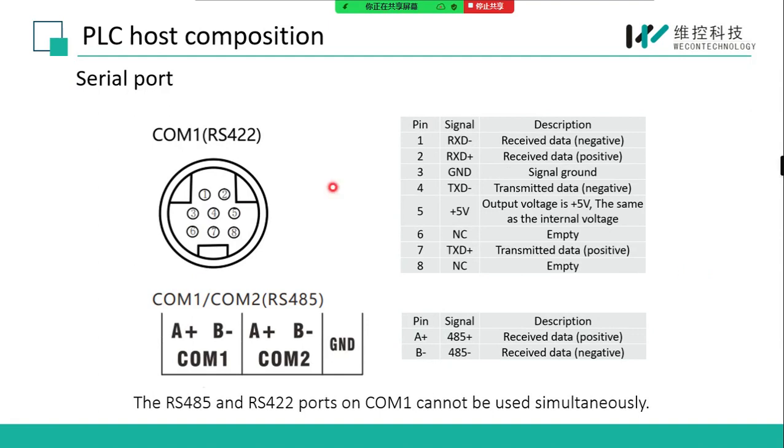Okay, let's move on to the pin definitions for the serial port. First, we can see the S terminal, the RS422 port. If you want to make the communication cable by yourself, you can refer to this pin table.